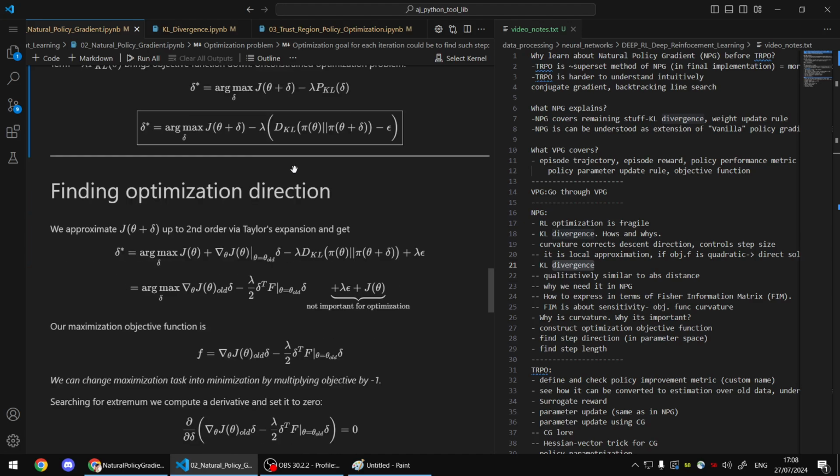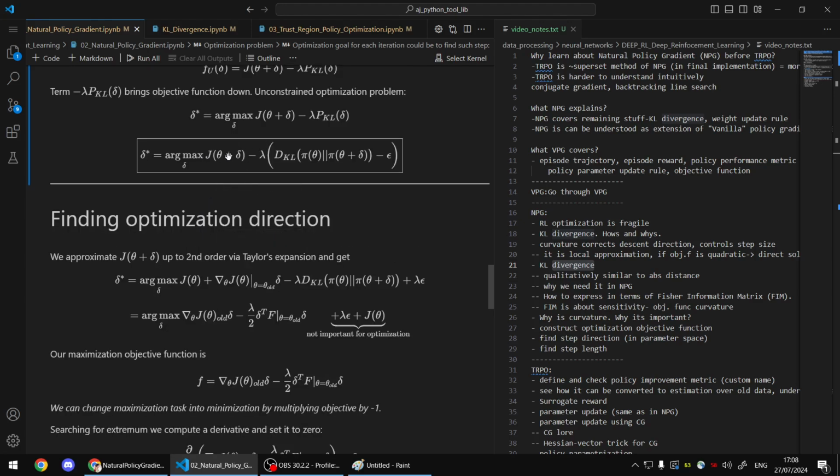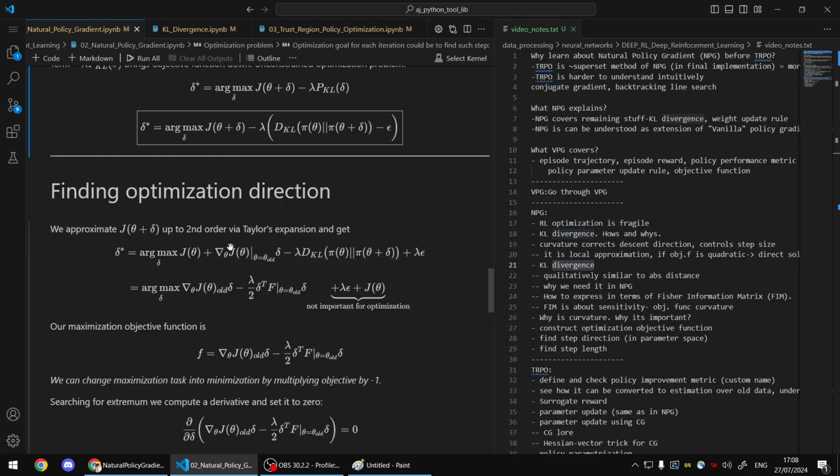Well, the idea is that we approximate this perturbed policy using first order. So it's just at the start where the old policy was, plus the gradient. And then we have to do something with the KL divergence.